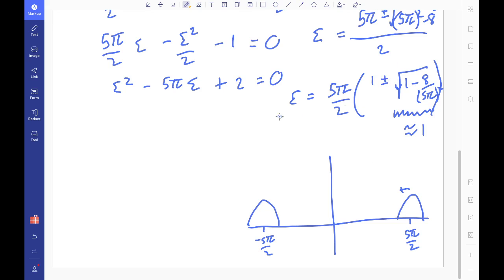So just the negative root is in fact going to be 1 minus this square root of 1 minus 8 over 5 pi squared. And you could actually say, can I find an epsilon in general for any of these maxima and minima? Where are they going to be roughly?